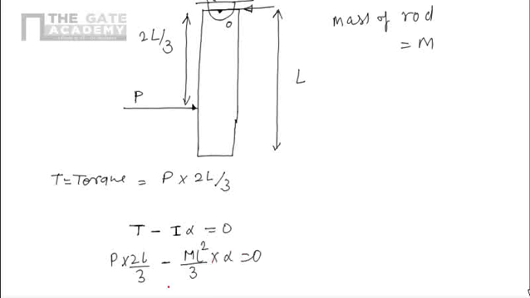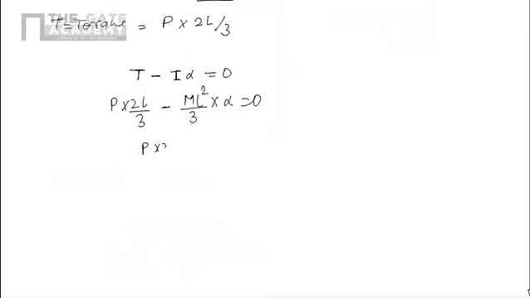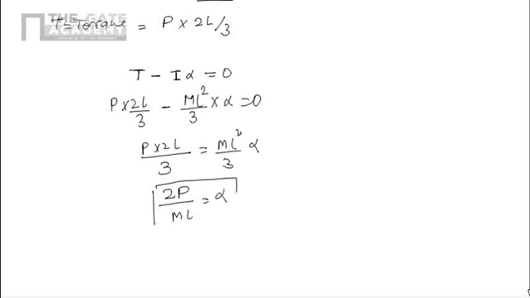If we solve this, we get alpha equals 2P/mL. Alpha is nothing but angular acceleration.